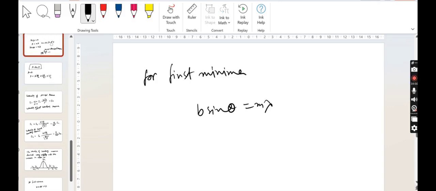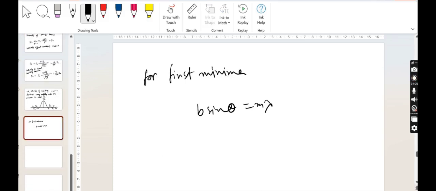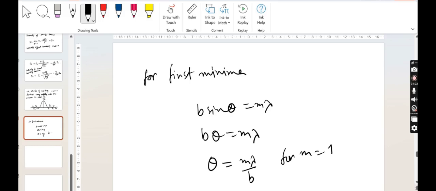So for first minima, we know that b sin theta is equal to m lambda. For very small angle, basically this is b theta is equal to m lambda. So theta is m lambda by b. For m equal to 1, theta is lambda by b.